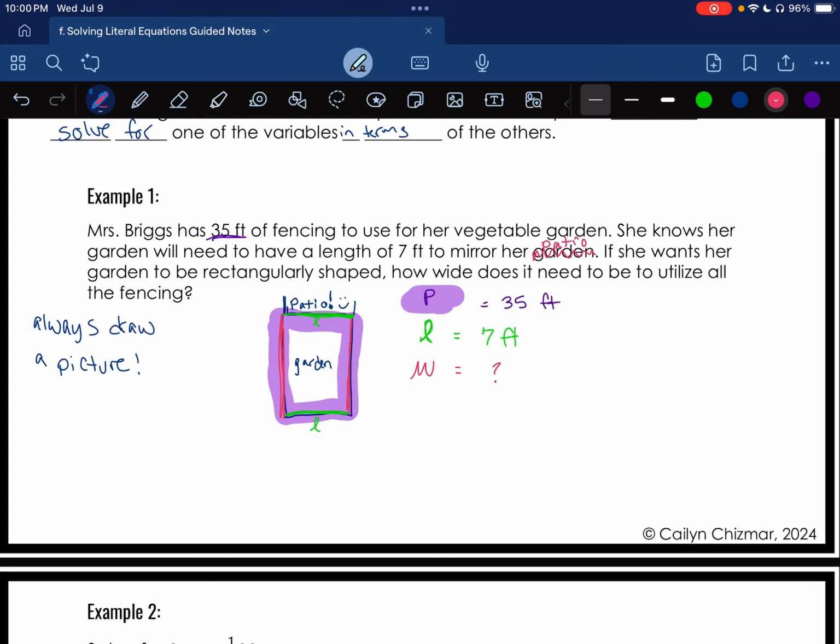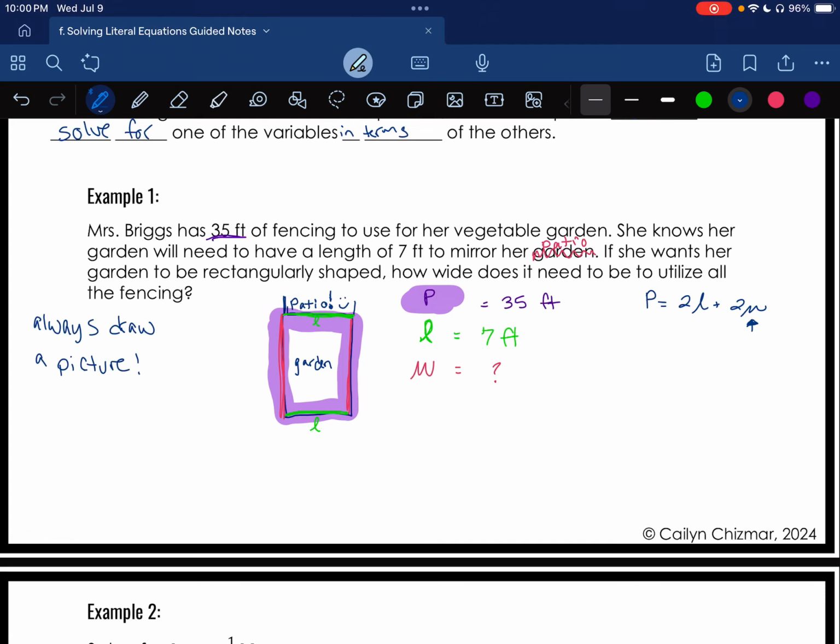If I just write this equation, perimeter is going to be 2 times length plus 2 times width. I would have to do a lot of work to get width all by itself after I plug in my numbers. So often what we will do is isolate that W so that we can just plug in what we know and move on.